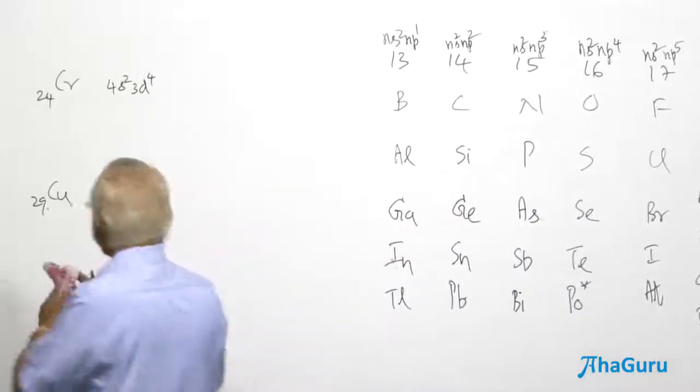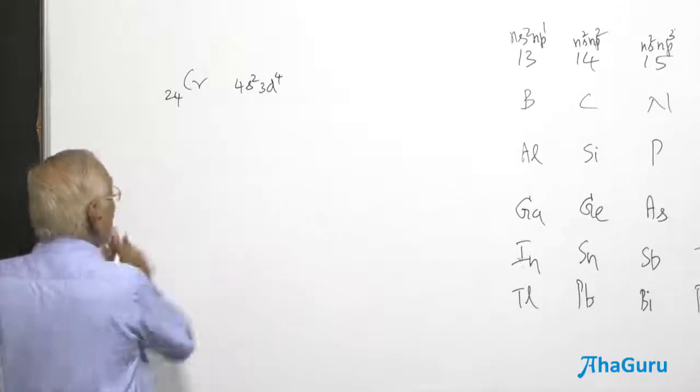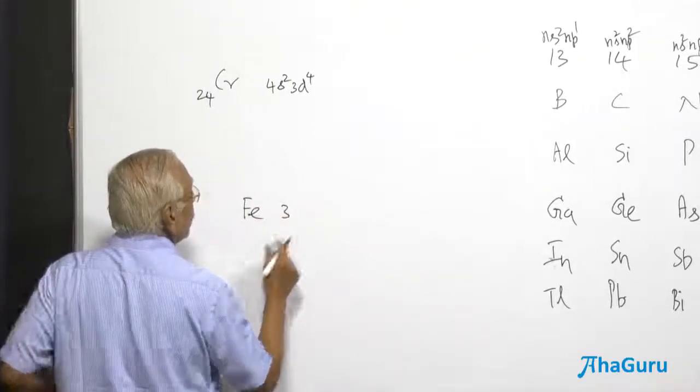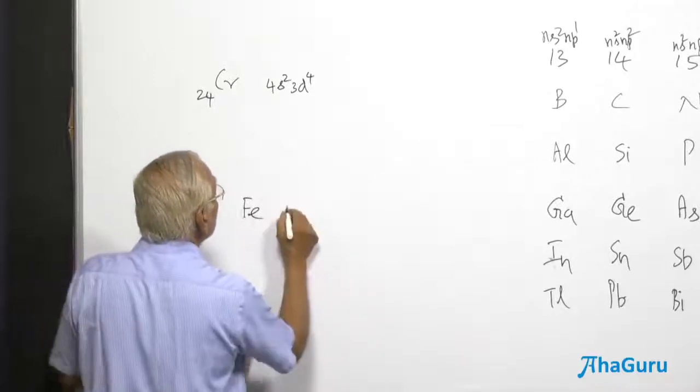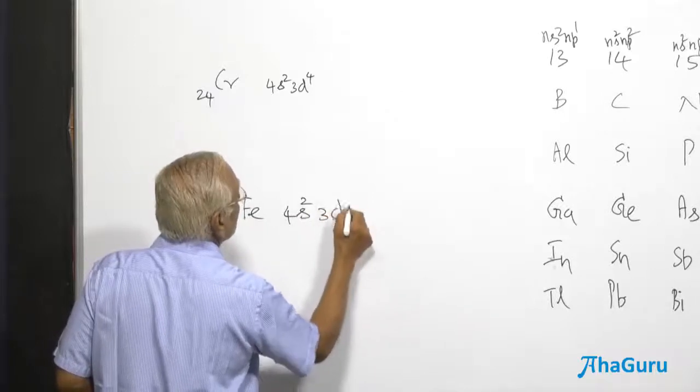Now, I have to tell you another important aspect here. How did you write for iron here? Iron you wrote as per the Aufbau principle, up to 4s2 is 20, the remaining 6 electrons go to 3d.